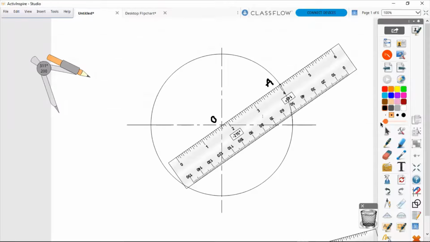With my rule well located, now I'll draw my line from the center and out through point A.